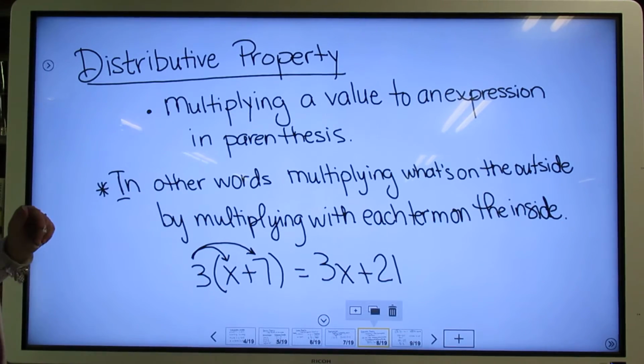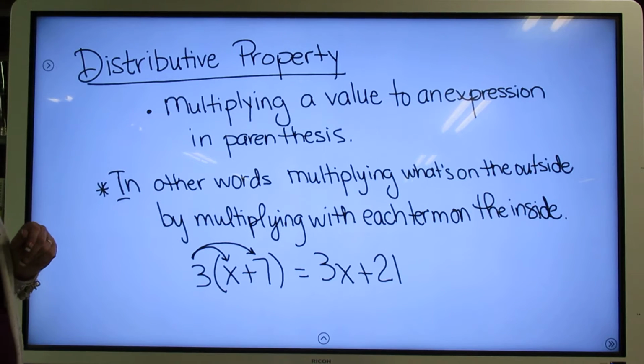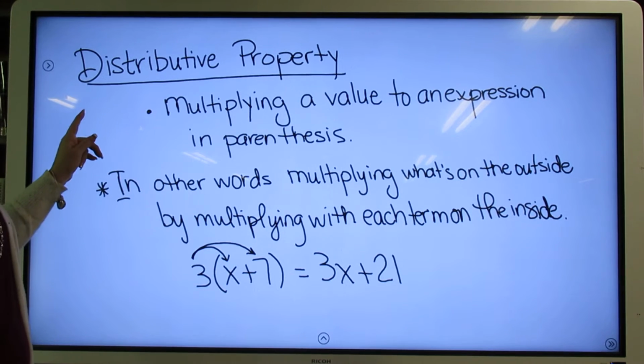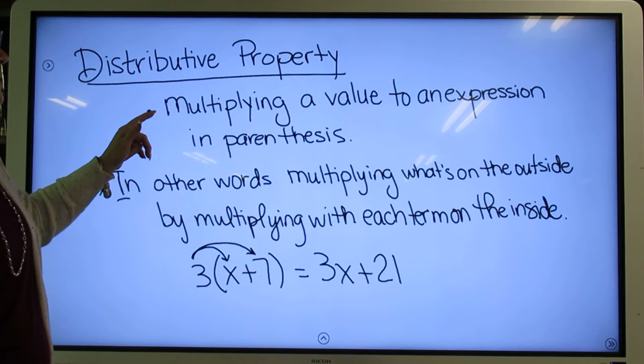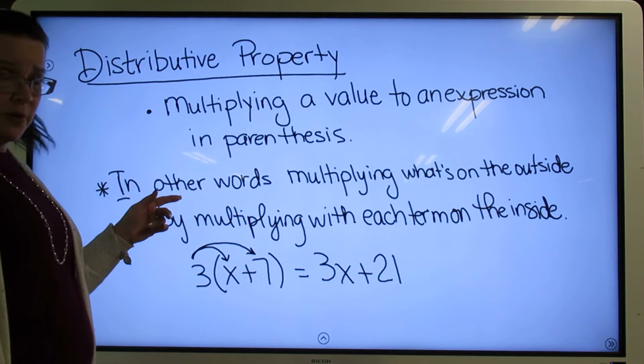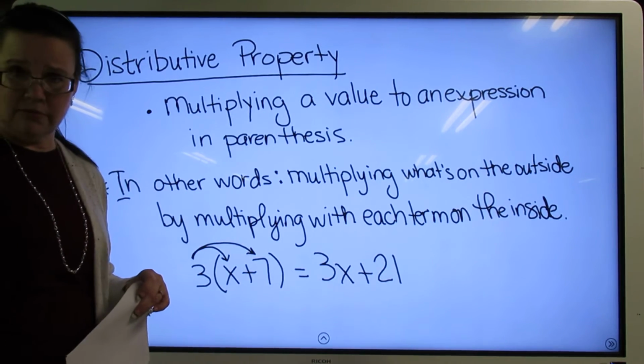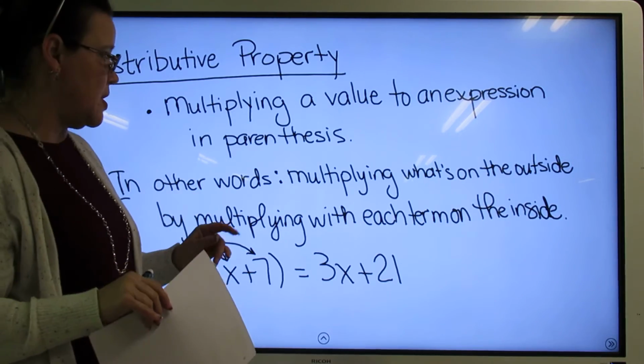Next up, distributive property. This is also an important property. You're going to see a lot of this in the algebra world. And you would have multiplying a value to an expression in parentheses. Basically, I tell them, in other words, this is Mrs. Saul's theory, rules, whatever you want to call it.